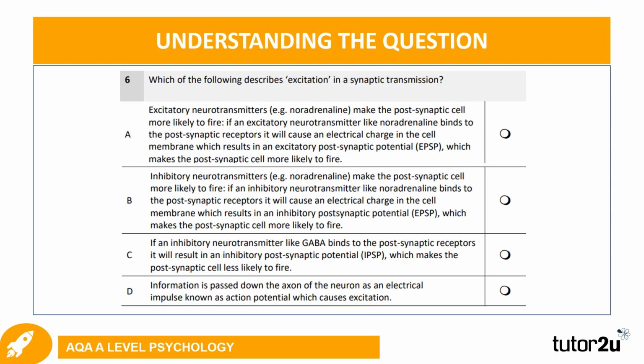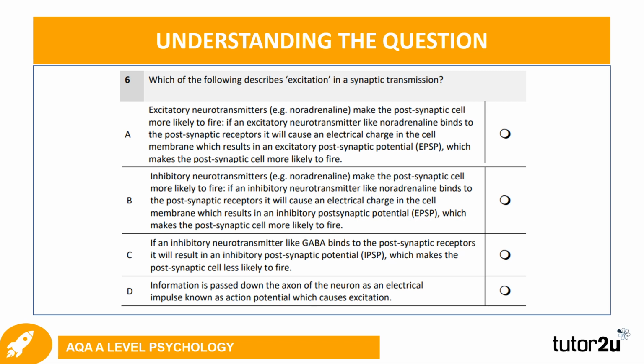So for question number 6, this is a little bit of a longer one now, so I will pause the video for a little bit longer just so you have time to properly read through each one and decide which one is your correct answer. So the question is, which of the following describes excitation in a synaptic transmission? So excitation, this was the key term which I said we will come back to from number 1.